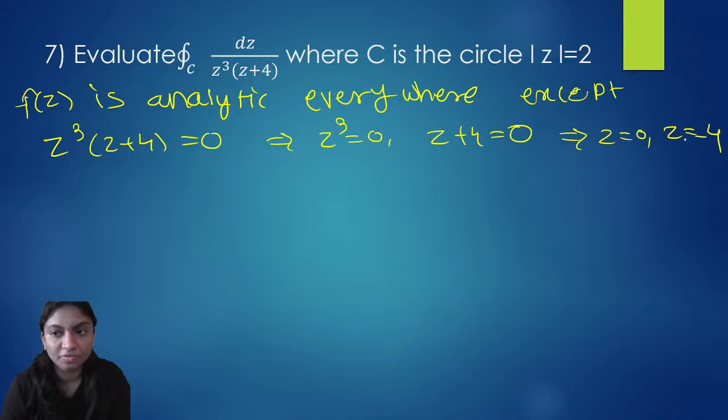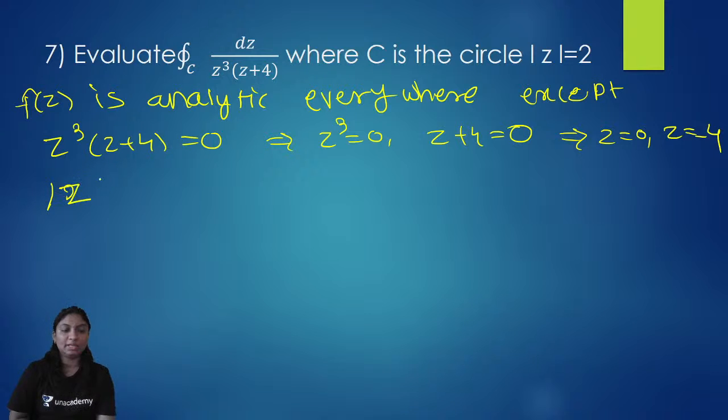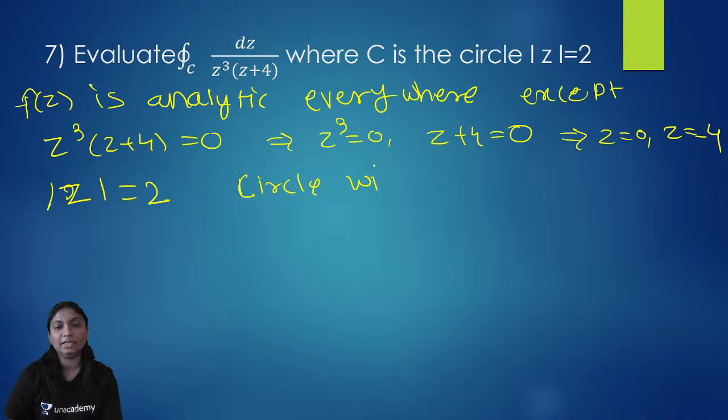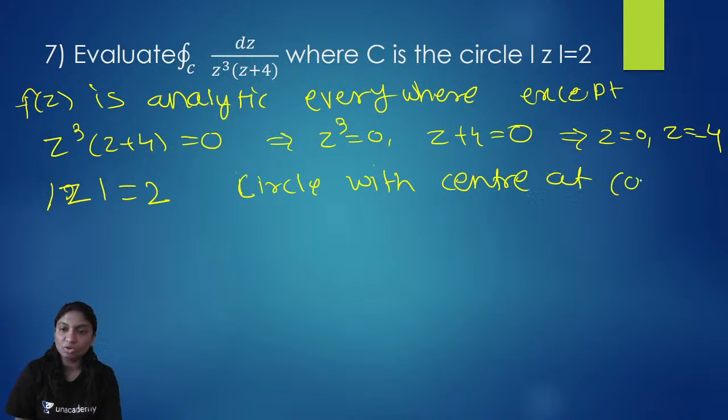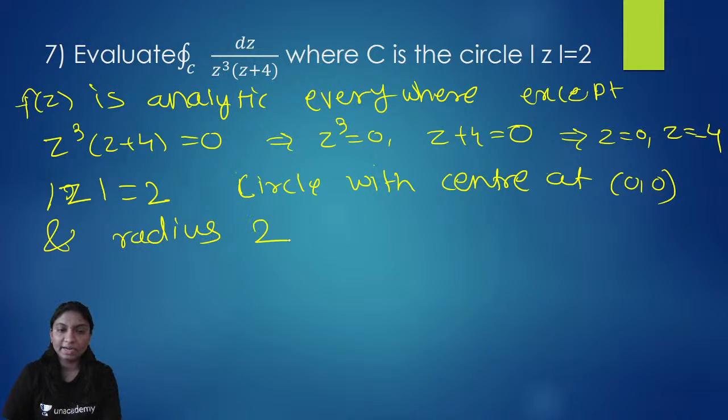Now if you observe, mod z is equal to 2 is a circle with center at 0, 0 and radius 2.